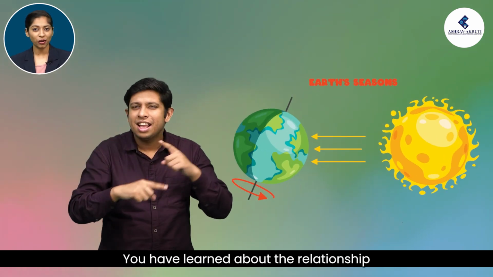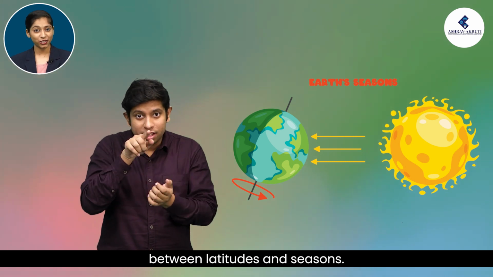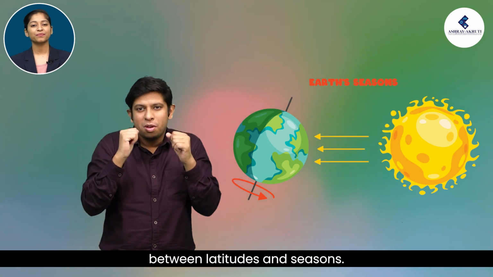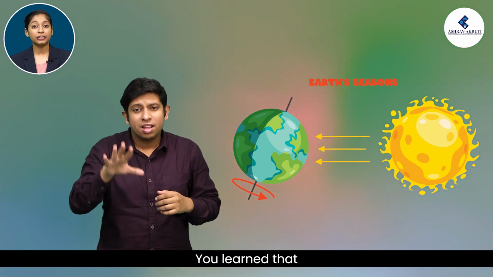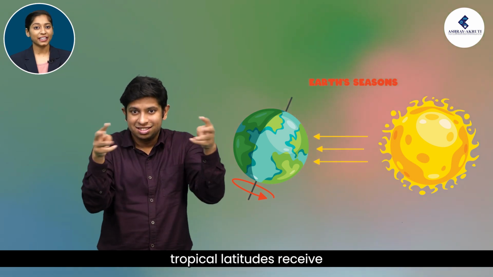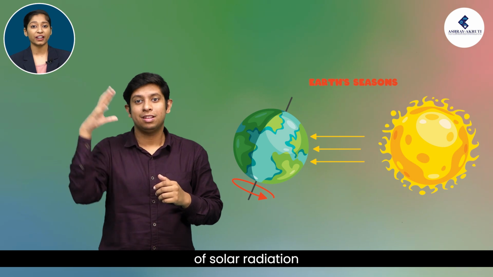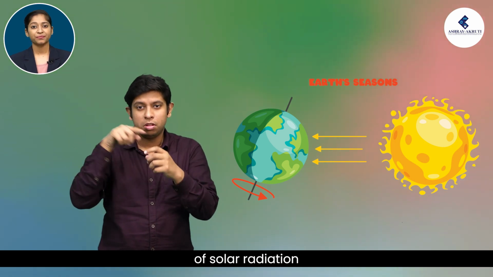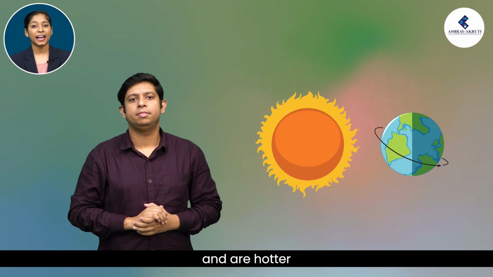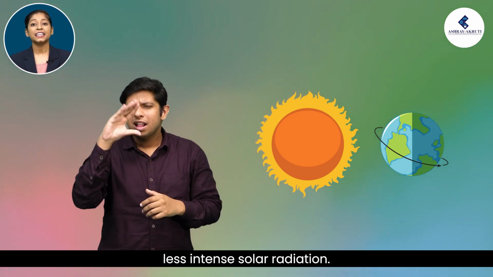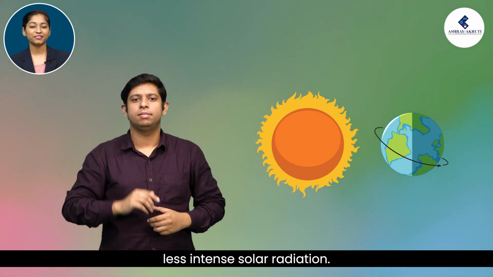You have learned about the relationship between latitudes and seasons. You learned that tropical latitudes receive the most intense amount of solar radiation and are hotter than temperate or polar latitudes that receive less intense solar radiation.